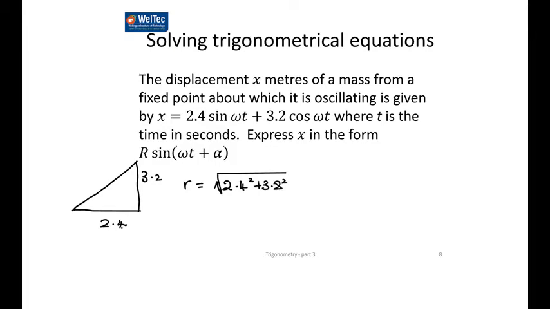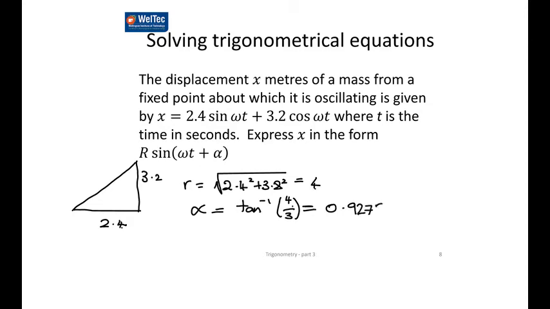And from that crazy number, actually, that comes out as being 4. Alpha is going to be the inverse tan of 4 over 3. And we can already see that it's in the first quadrant. So again, it's actually going to be 0.927 radians.